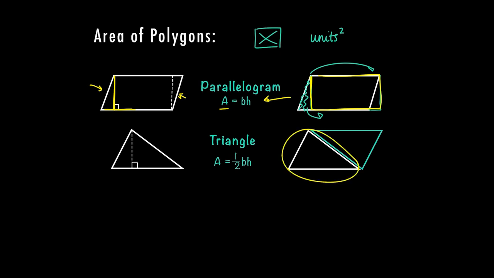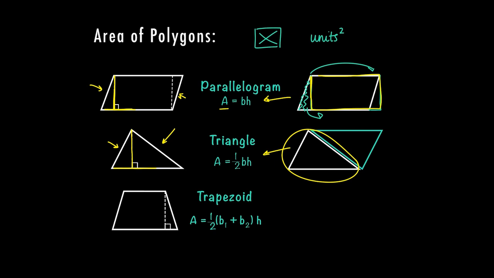So our formula is 1/2 base times height. Again, your base and height have to be the two lines that create the 90-degree angle. So not the slanted sides, but it's got to be the two lines that create the 90-degree angle. If it's a right triangle, it's going to be the two side lengths that create the right angle, just like in this image.